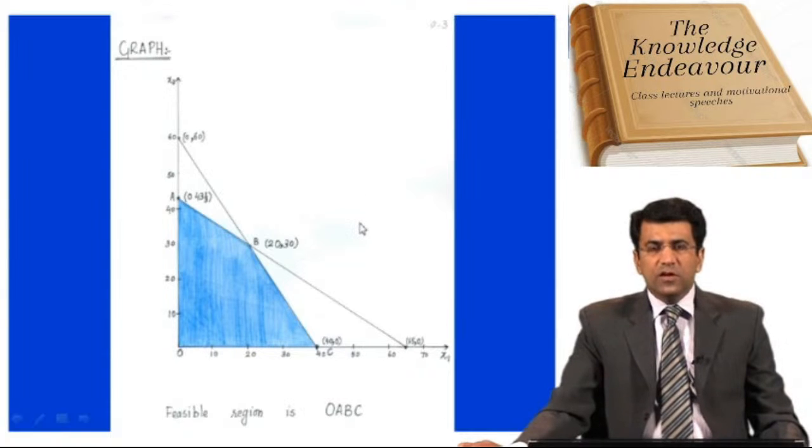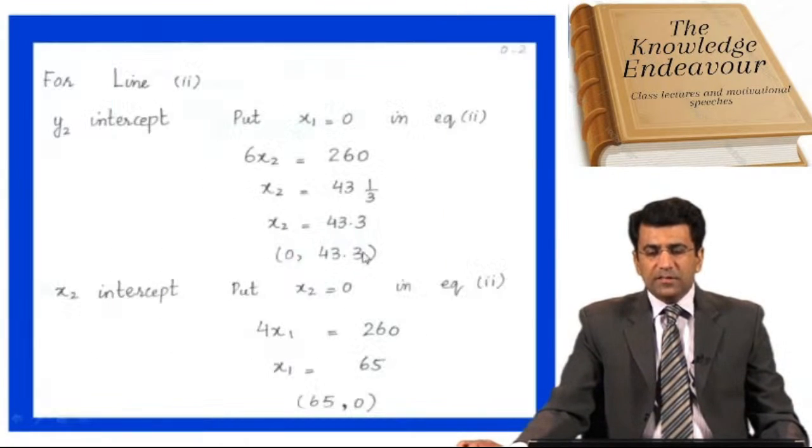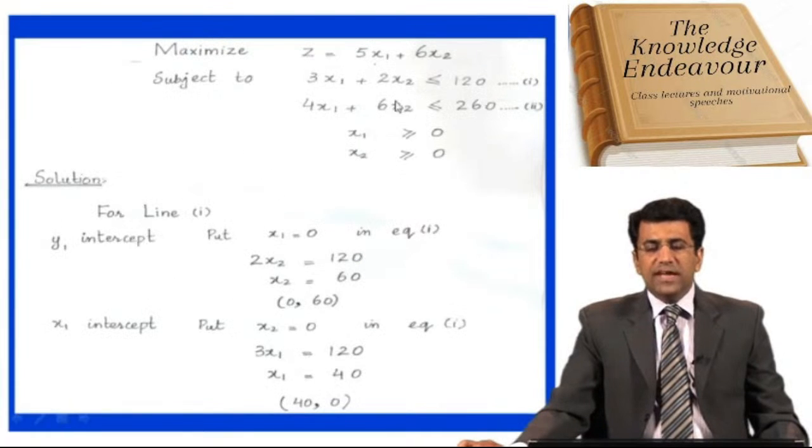Now we'll have to find out the feasible region, that is, a region which will be satisfied by both of the constraints. As you remember class, in these constraints we are interested in the less than or equal to type of inequality, that is, we should not exceed the left hand side by that value of 120.